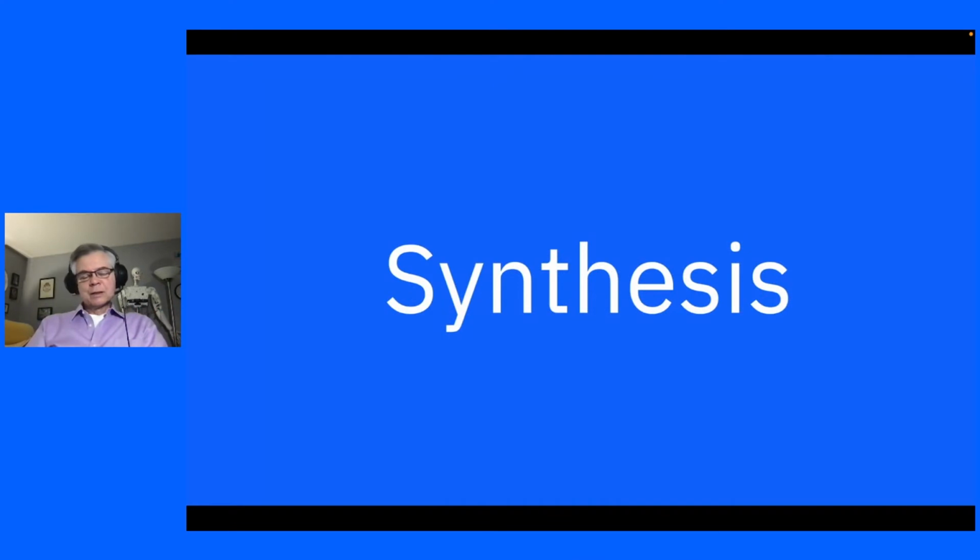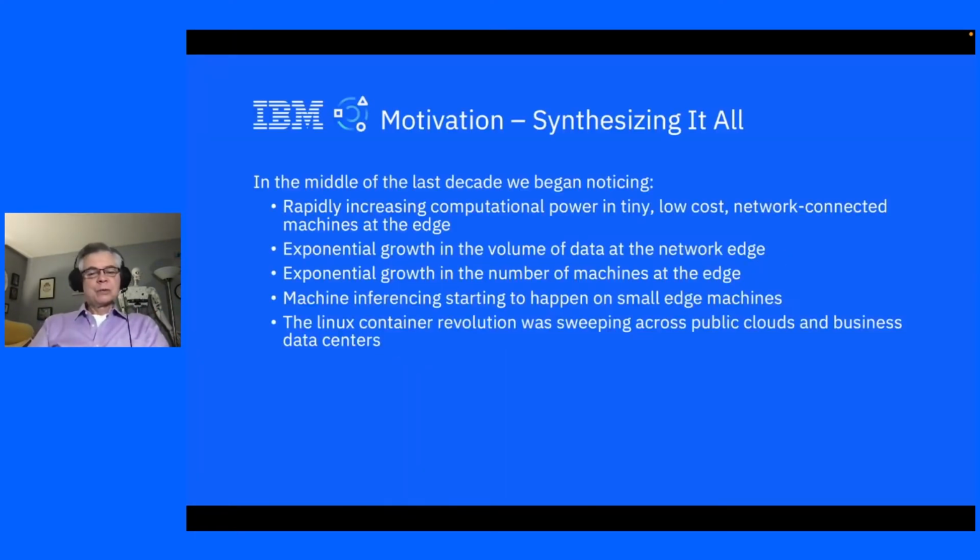So let's synthesize all of those pieces, how we chose to put it together. In the middle of the last decade, we noticed rapidly increasing computational power and tiny low-cost network-connected machines at the edge. Exponential growth in the volume of data at the network edge. Exponential growth in the number of machines at the edge. And machine inferencing was starting to happen on small edge machines.